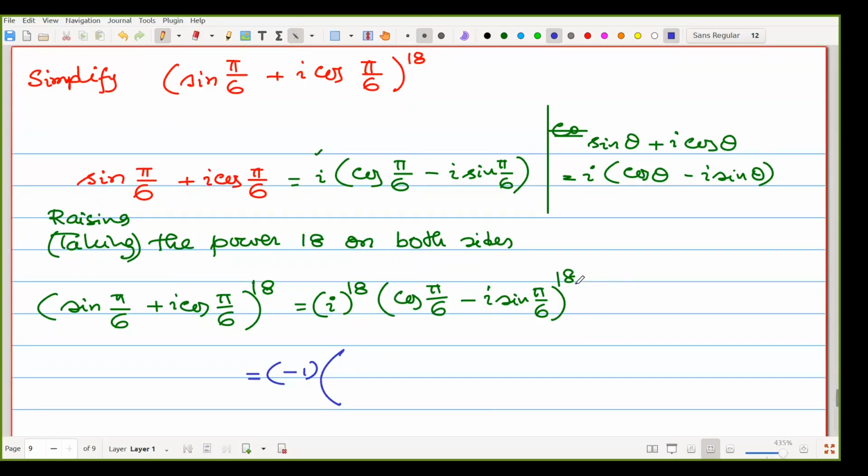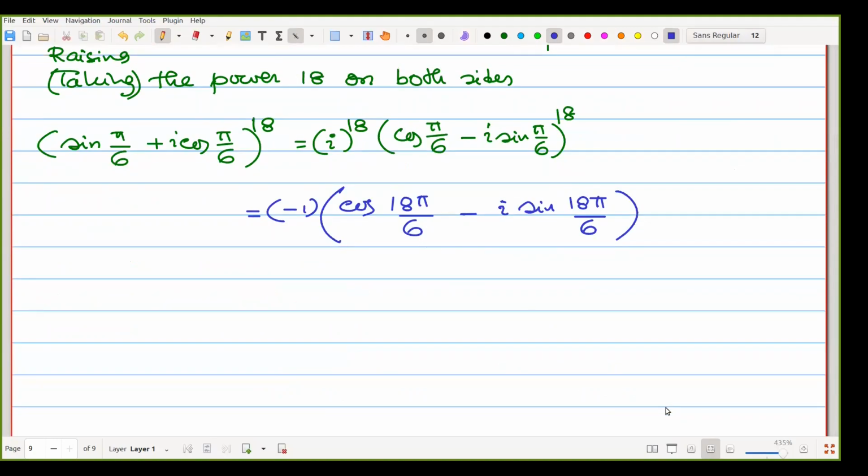Now, n is 18, so we can write it as cos of 18 pi by 6 minus i into sine 18 pi by 6. Okay, let's check. Minus 1 into cos 3 pi minus i sine 3 pi.